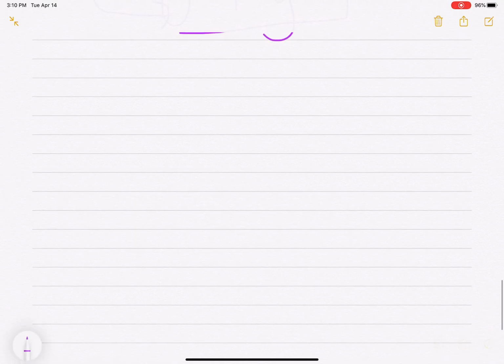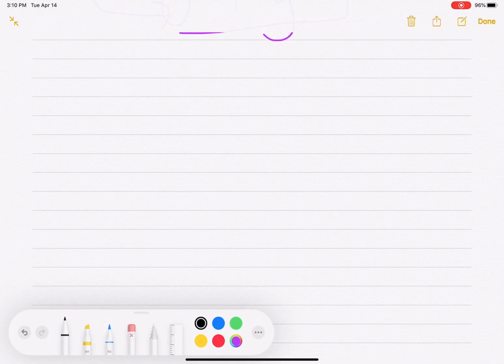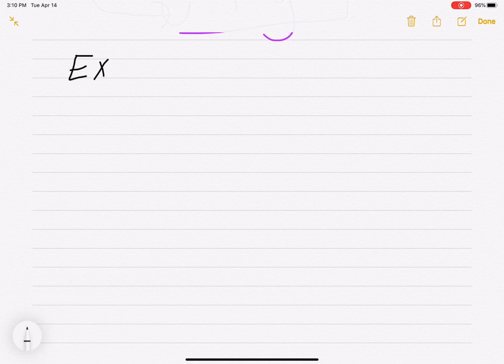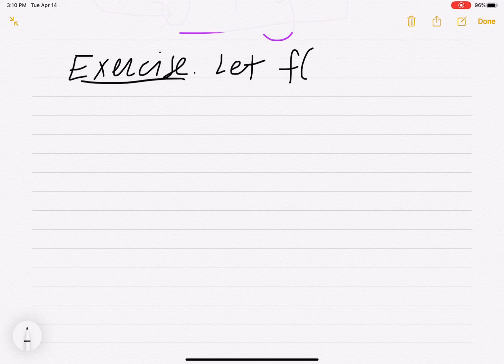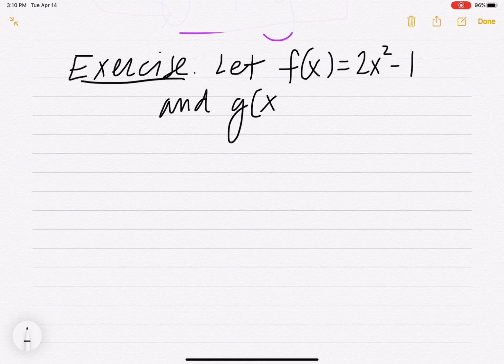All right, let's do another quick example. Exercise. Let f of x be 2x squared minus 1 and g of x equal 3x squared plus x to the fourth.